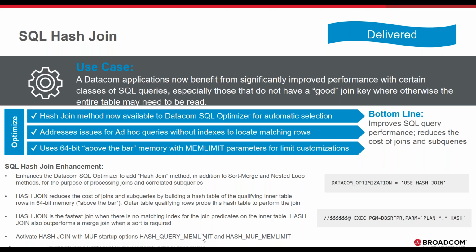So if it's more of an operational type query that has an index, then it's not for that. It's for the cases where you don't have a good index. And the hash table is built in 64-bit memory, and we have some limits to control that. And I think that's about it. Next page.